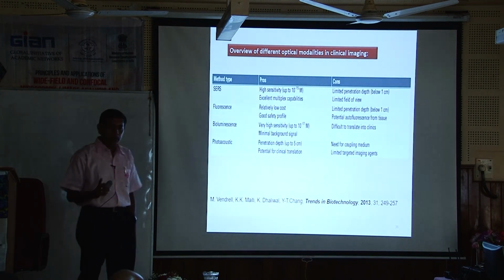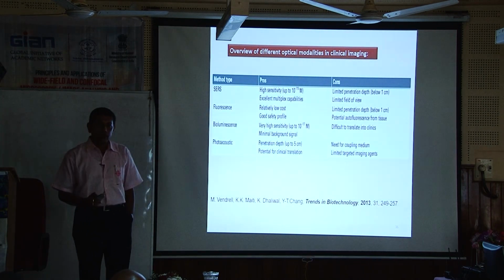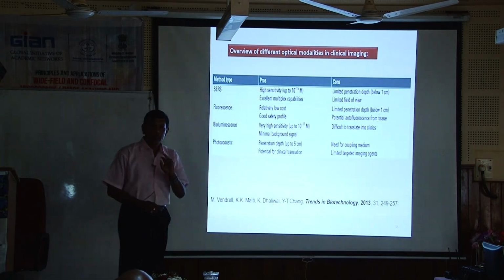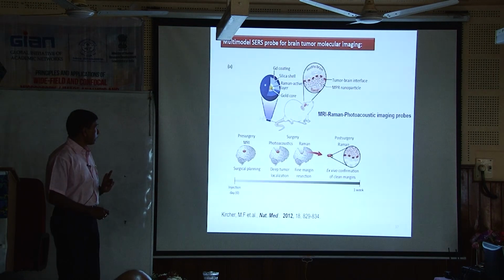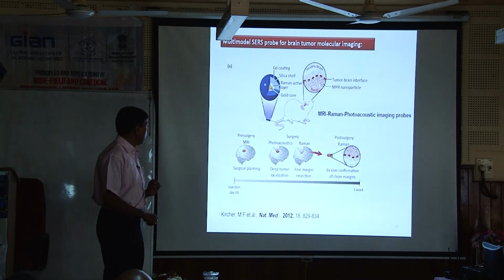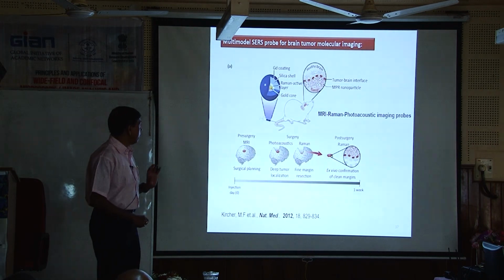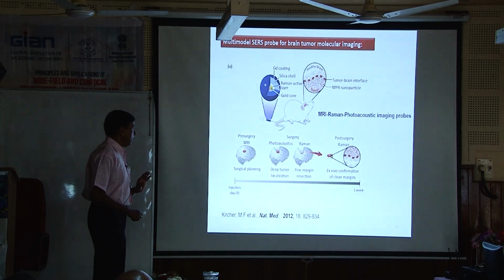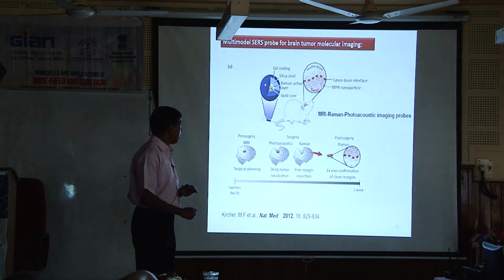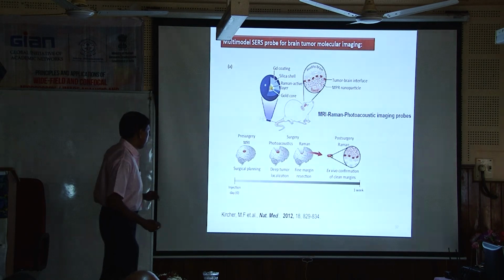So, I will show you one of the last examples, where a brain surgery can be translated in 3 modalities. This is one of the unique works published in Nature Medicine, where in the rat brain they have analyzed the progression in MRI, Raman and photoacoustic imaging probes.